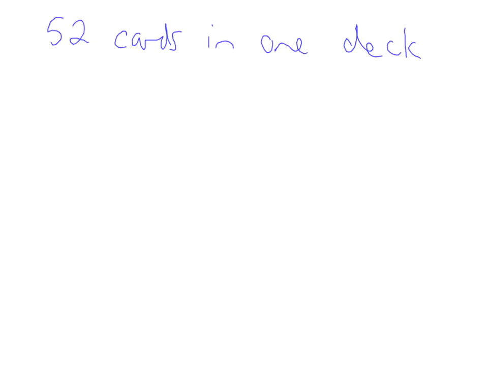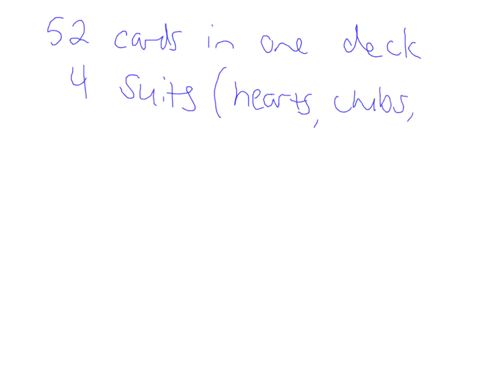How many different suits are there? Do you guys know what suits are? Like your clubs, your diamonds, your hearts, your spades. So 4 suits. Let's put what they are in parentheses. I have hearts, clubs, diamonds, and spades.